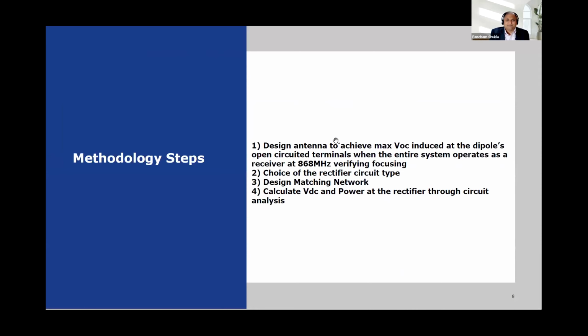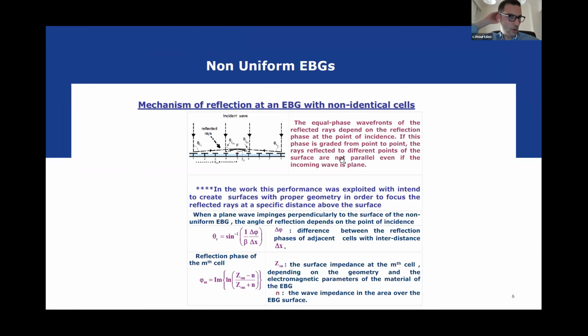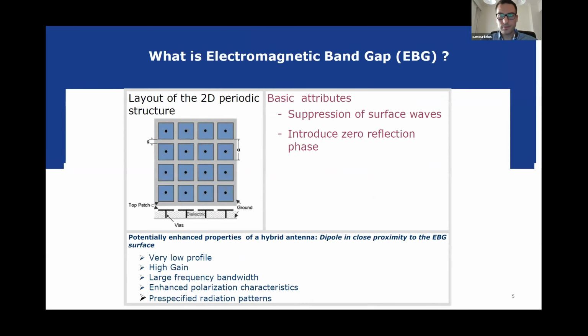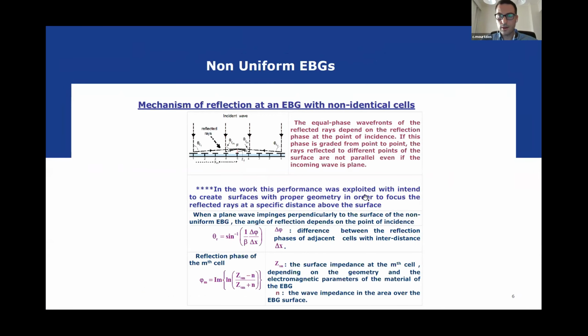But of course, it varies from application and antenna, and all these parameters shown here, all these subsystems affect efficiency. The matching network, the antenna, of course, the amount of VOC, the amount of RF signal the antenna will capture. That's why we wanted to maximize VOC, actually.